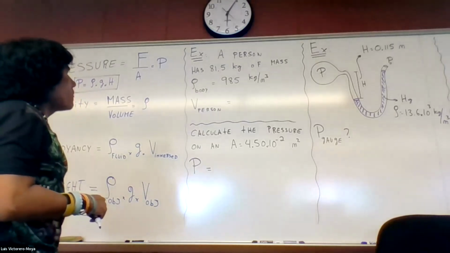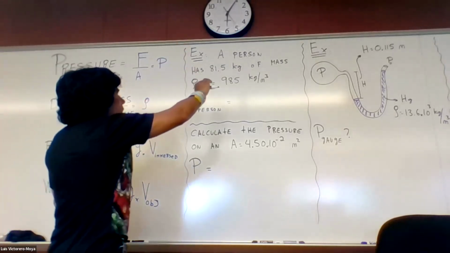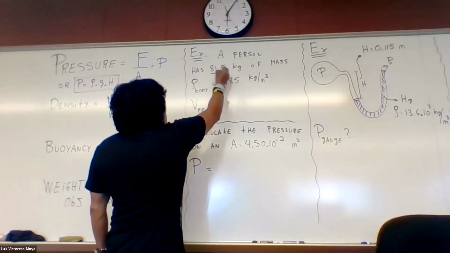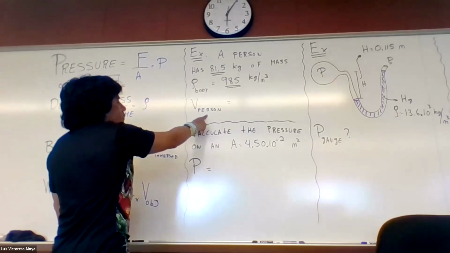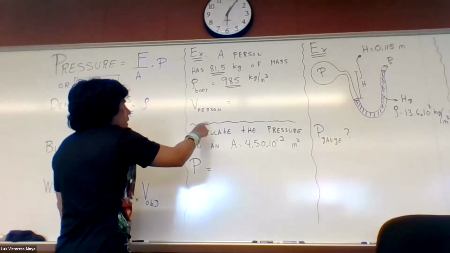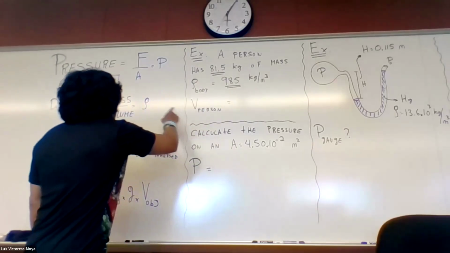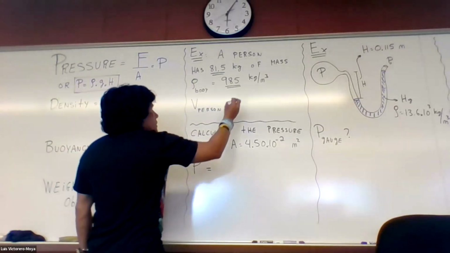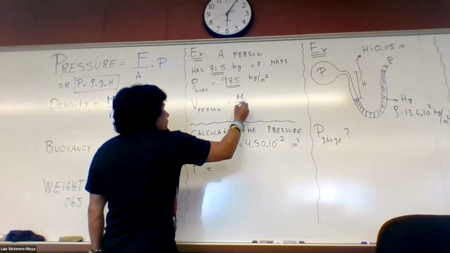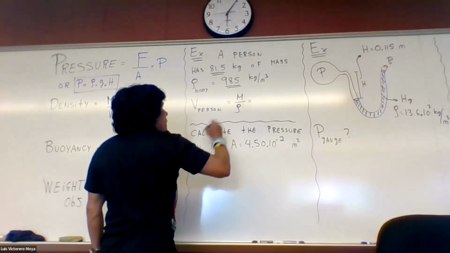In the next example, let's say they give you a person with this mass and this density, and they want you to find the volume of the person. So we rearrange this: volume is mass over density.